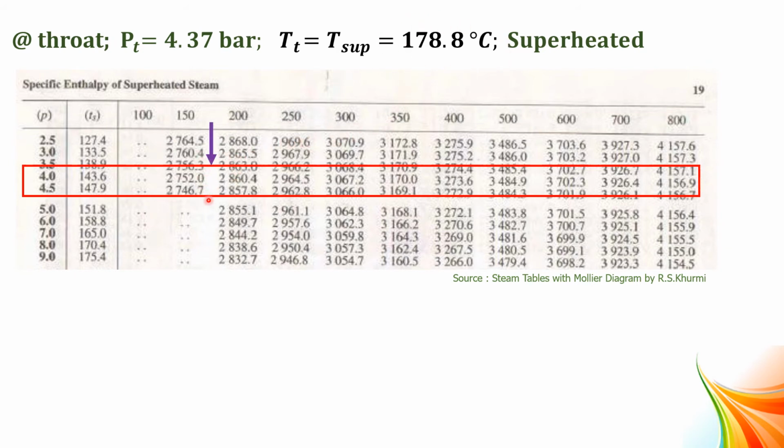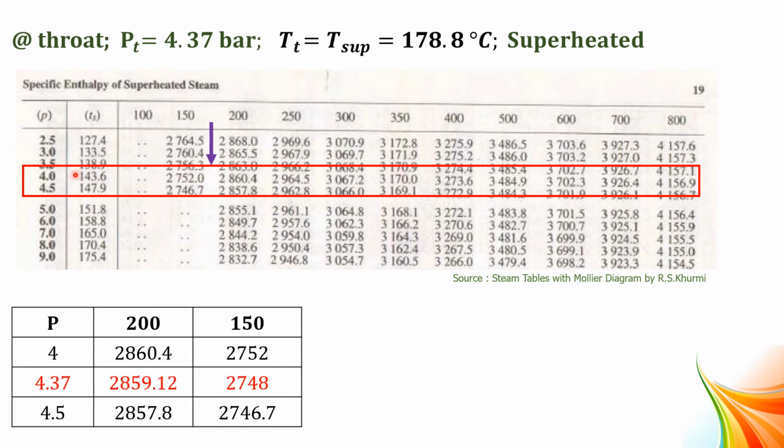The required value is present between 150 and 200, so we have to find the corresponding specific enthalpy in this region. For this we interpolate the readings corresponding to 4 bar 150 and 4.5 bar 150 degrees centigrade, and we get the enthalpy value as 2748 kilojoule per kilogram.